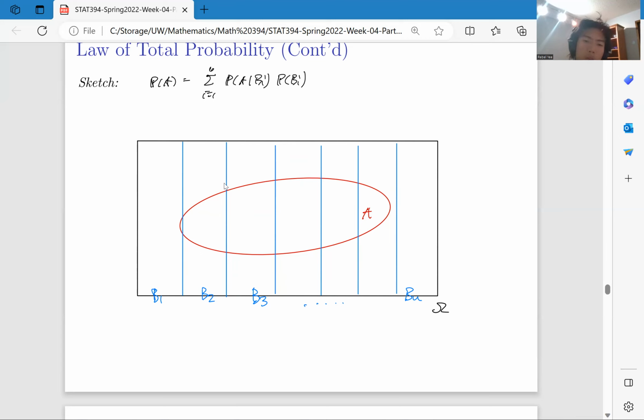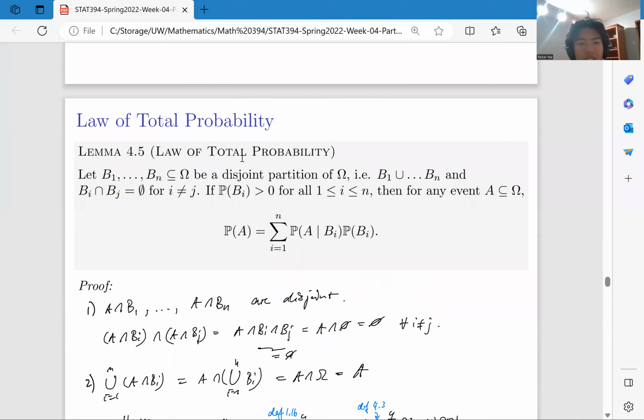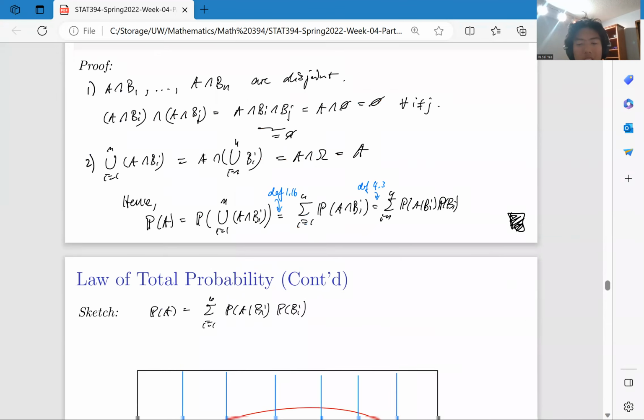If you want to find P(A), we just sum up B1 intersection with A, B2 intersection with A, B3 intersection with A, and we get P(A).